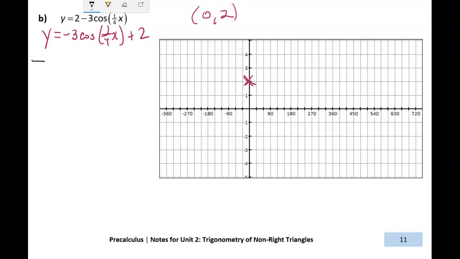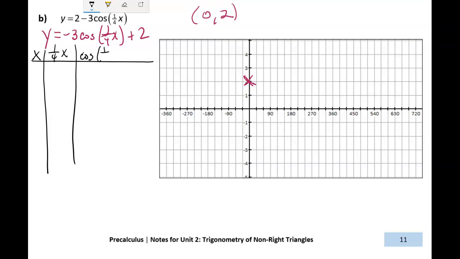So now when we're making our table, we're just going to pretend that that vertical shift of 2 is not there. So x, 1/4 x, the cosine of that 1/4 x, and finally -3 times the cosine of that 1/4 x.